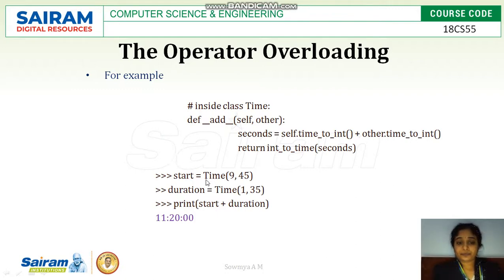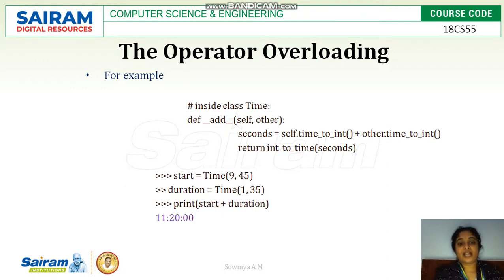Start is an object created for Time, and duration is one more object created for Time. Start is passed 9, 45 and duration is passed 1, 35. So the start object will have hour 9 and minutes 45, and the duration object will have hour 1 and minutes 35.